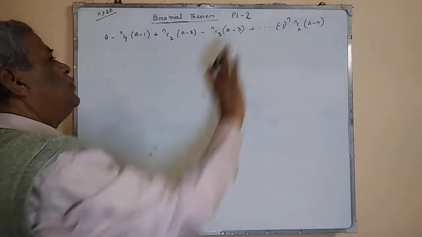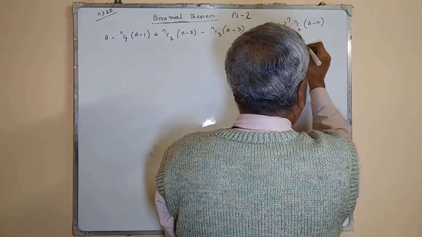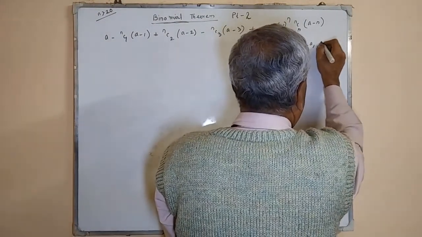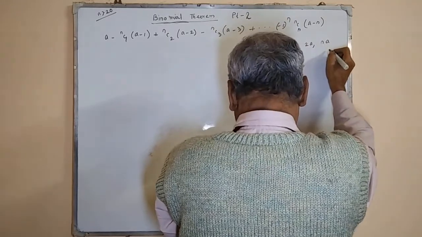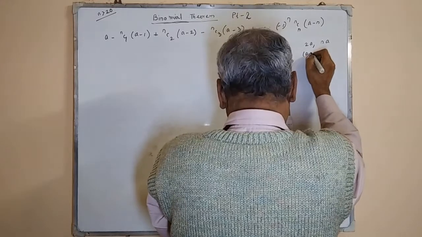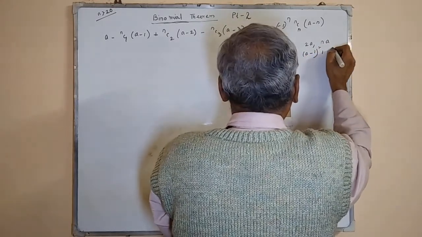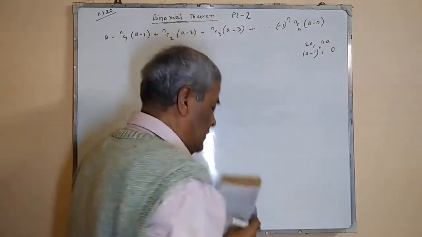The simplest value of that. Options are there: 2a, na, (a minus 1) whole square, 0. There are four options.